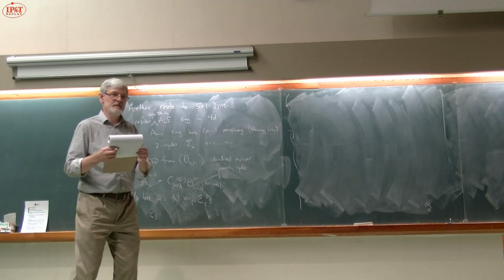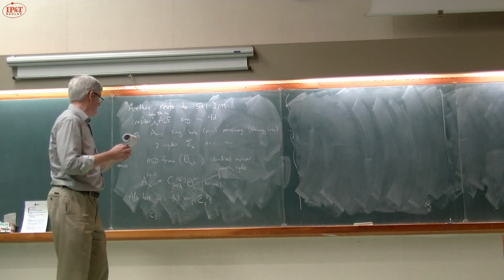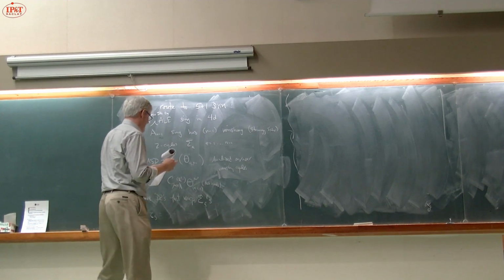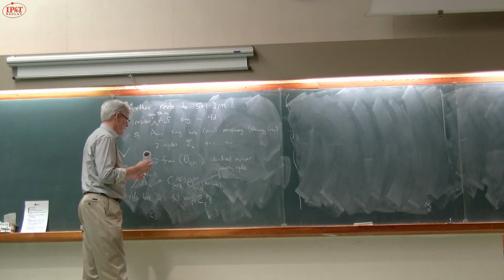But why do they care about A and A minus 1? You're not labeling the Gibbons Hawking centers, right? There are n Gibbons Hawking centers. There are n minus 1 cycles between them. Theta is wrapping one particular 2 cycle.